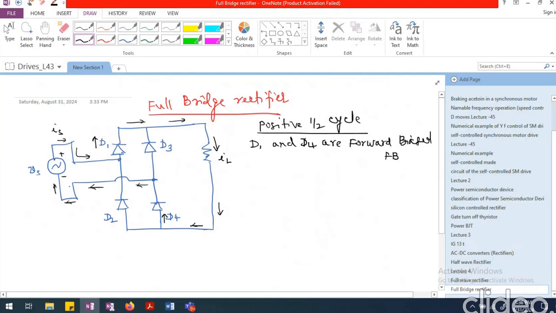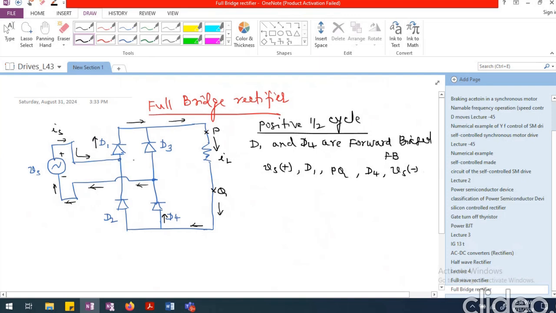So the path is from Vs positive through D1, then if I call this P and this Q, through PQ, then through D4, and back to Vs negative. This is the path for the current.